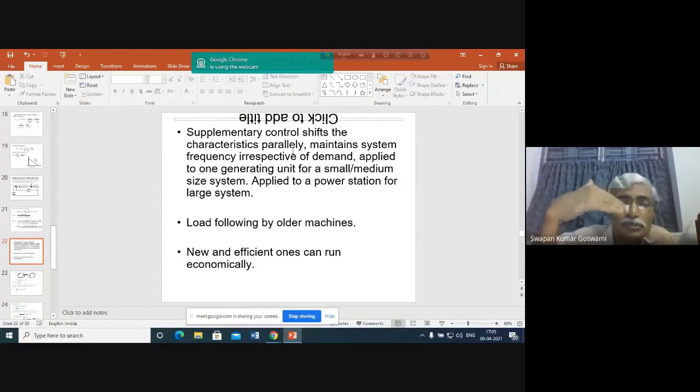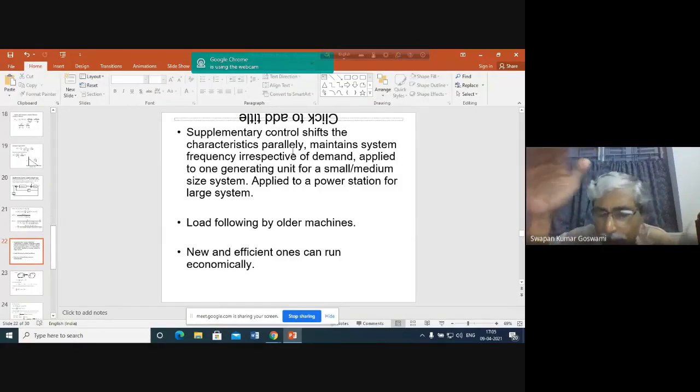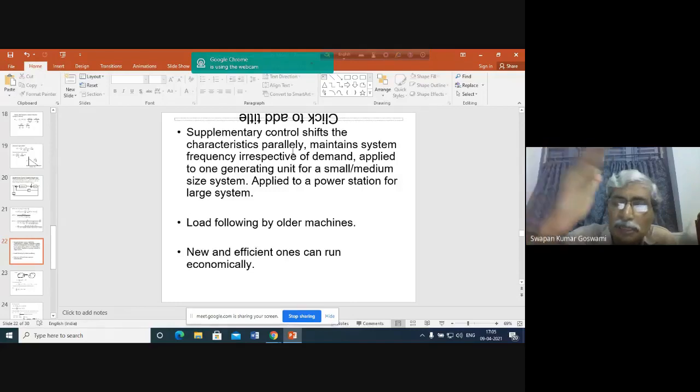Supplementary control restores the frequency back, and the operating point must always lie on the system frequency characteristic. That's why the role of the supplementary control is to shift the load frequency control characteristics in parallel to its initial value and maintain system frequency irrespective of demand. So it is the function of the supplementary control to maintain constant frequency.